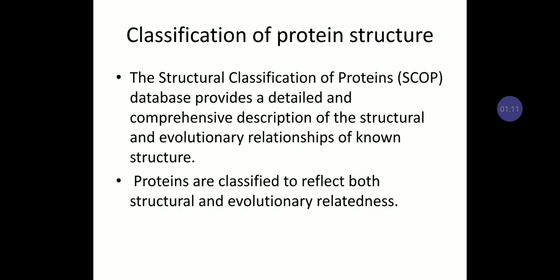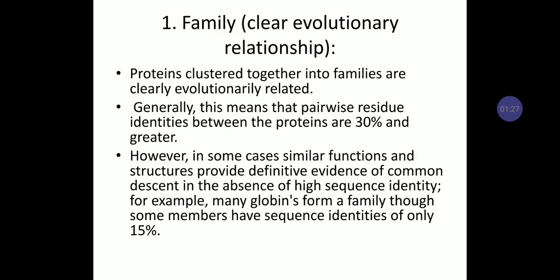Now we can see the different classes of protein structure. The Structural Classification of Proteins database provides a detailed and comprehensive description of the structural and evolutionary relationships of known structures. The proteins are classified to reflect both structural and evolutionary relationships. The first classification is the family, where a clear evolutionary relationship can be seen.